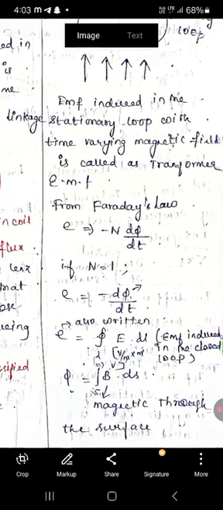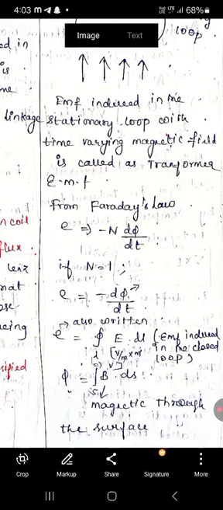From Faraday's law we know the expression E equal to minus n dΦ by dt. Just assume n is equal to 1, so the equation can be written as E equal to minus dΦ by dt.